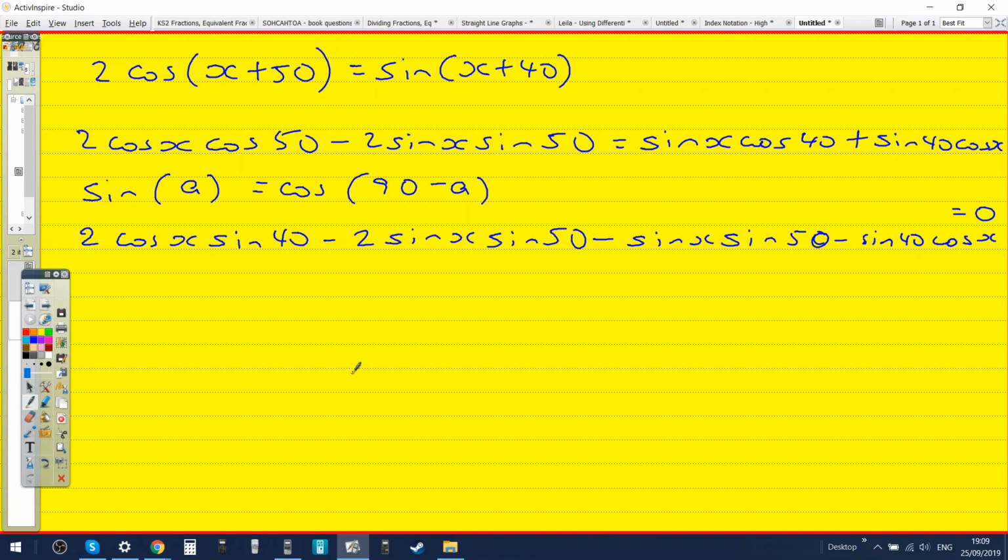Then what? So I simplified that down. What's it simplified down to?